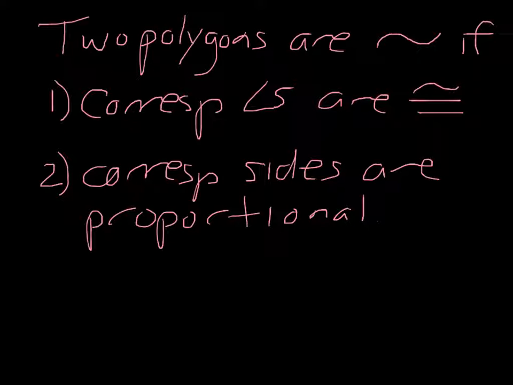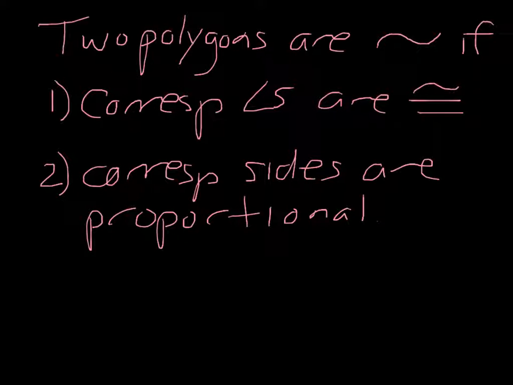That way we know that you can't just draw any two rectangles and say, oh, they're similar. No, they're not. They might all be rectangles, but that doesn't make them similar. Their corresponding angles are congruent in a rectangle, but if the sides aren't proportional, then you have a problem.